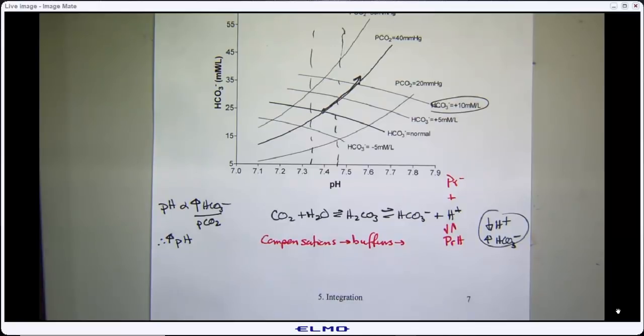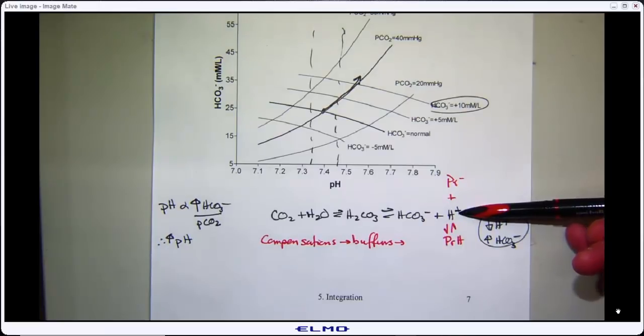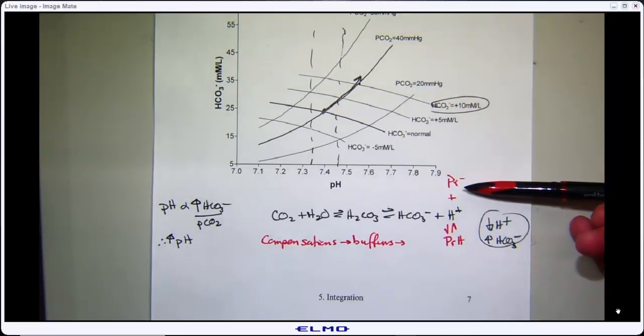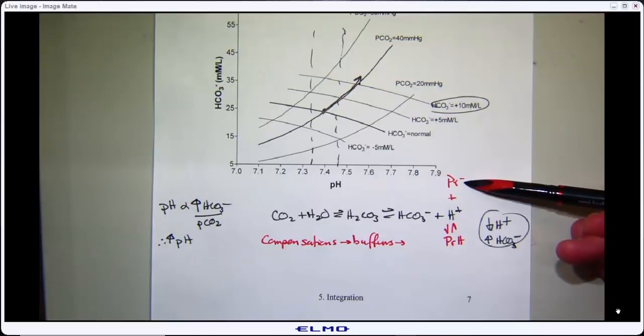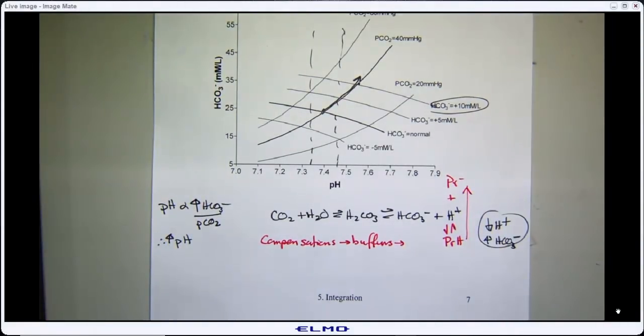Increase or decrease? With a decrease in hydrogen ion, how's that going to affect our protein buffer pool? Increase or decrease? Increase, because we're going to pull the equation in this direction, right? Minimizing the disturbance. We're going to our pool of buffer that has hydrogen ion already attached to it and stripping it off. We're minimizing the disturbance, okay?